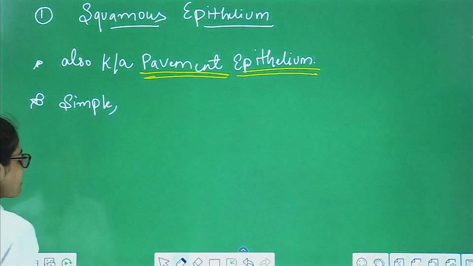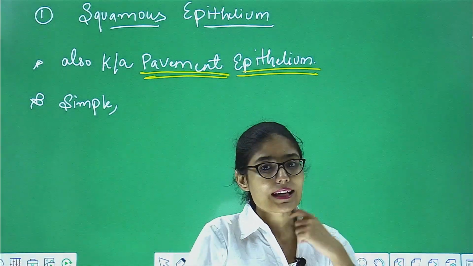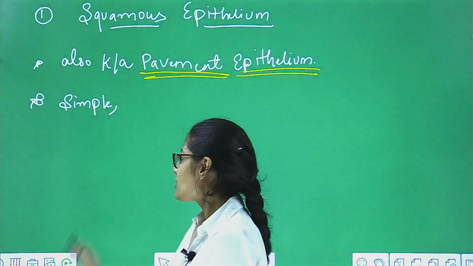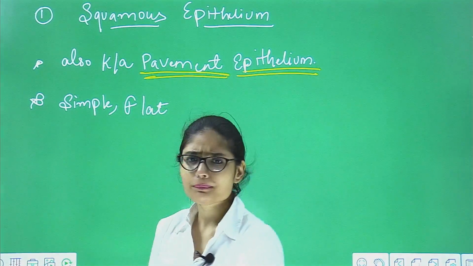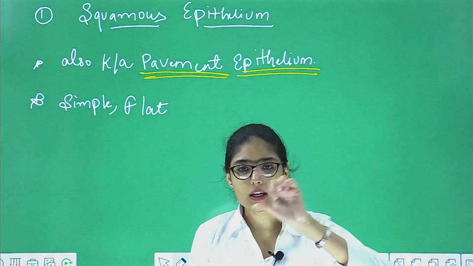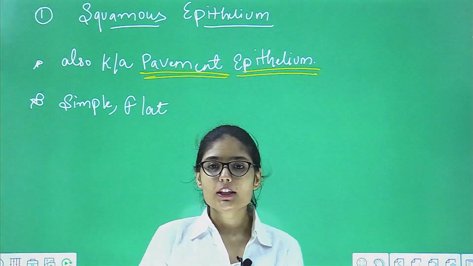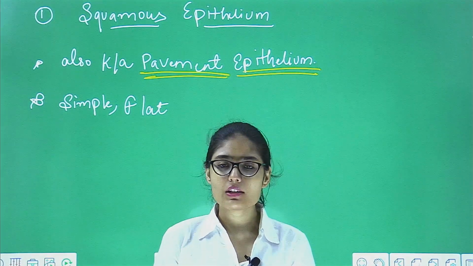Why am I saying it's simple? Because as we move on to the other types, you will see why this is simple. This is known as simple, flat, and by the name, as I have said, by the shape of the cell, epithelium is differentiated into different types.